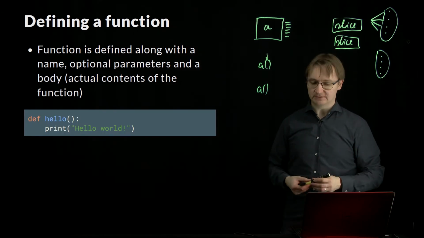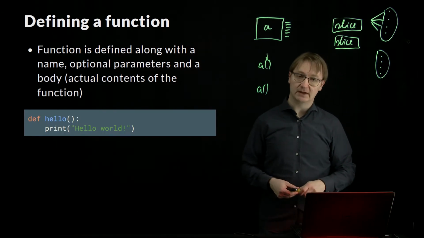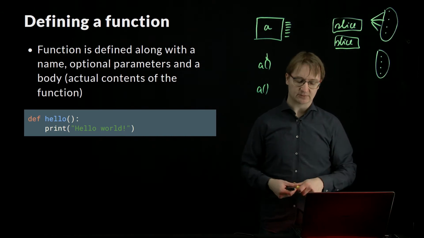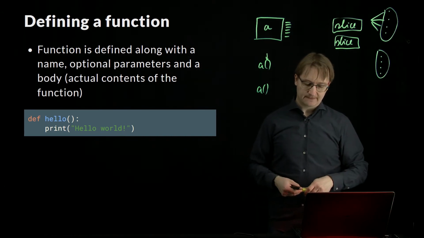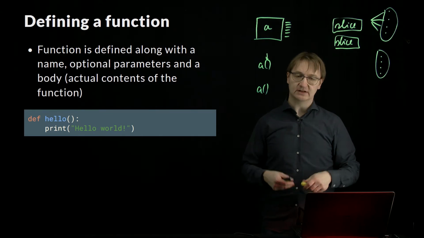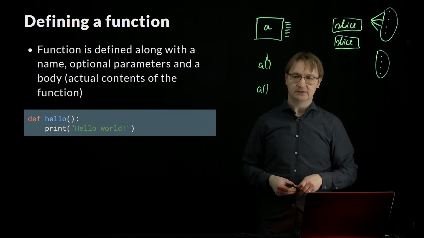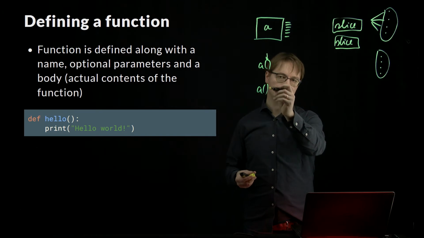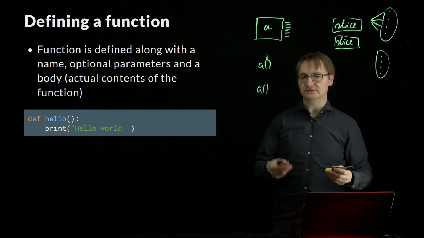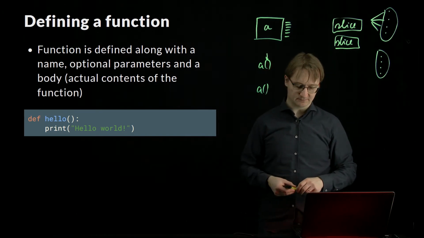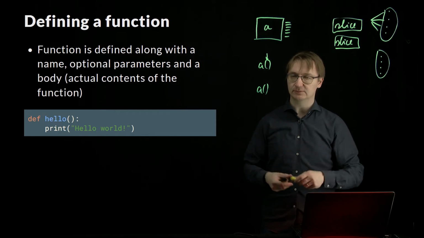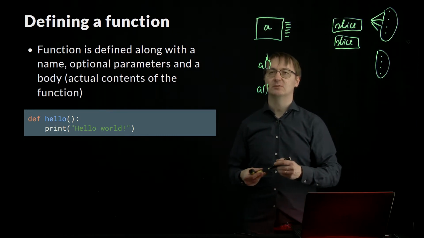So here's an example. We have a function called hello, and what it does is it just prints out hello world. The name is hello here. In the parentheses, currently we don't have anything. This function doesn't require any values to be passed when we call it.